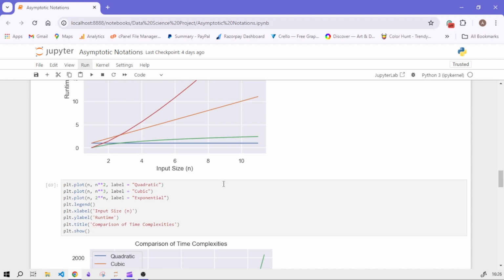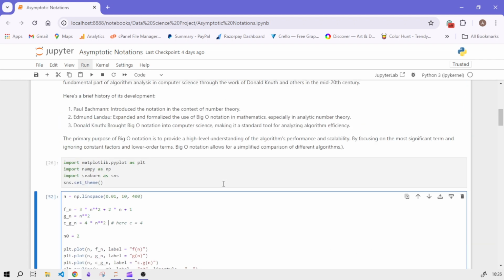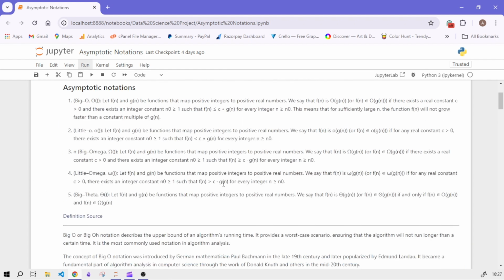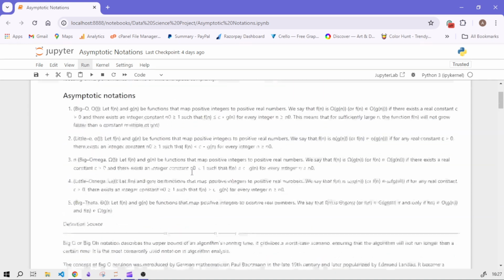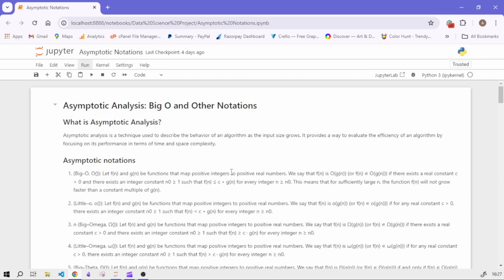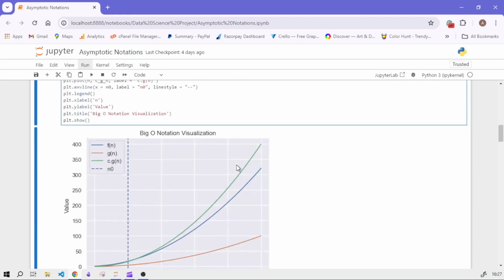But overall, big O notation is a way to figure out how your program will perform if you increase the number of inputs. So it is basically a way of figuring out how you can compare two algorithms together, and you can simply find the big O of one algorithm.